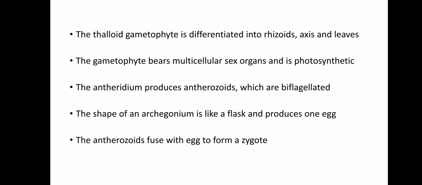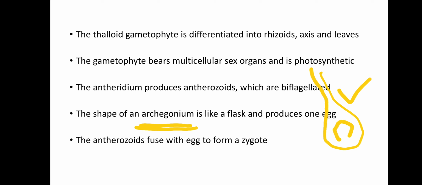The archegonium, which is the female sex organ, is a flask-like structure and produces one egg. And the male sex organ, the antheridium, produces antherozoids which are biflagellated, that means two flagella are present.